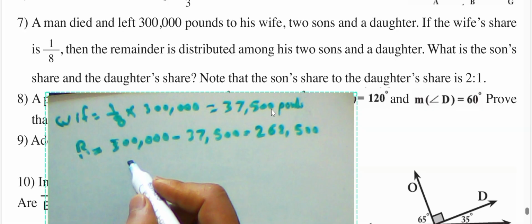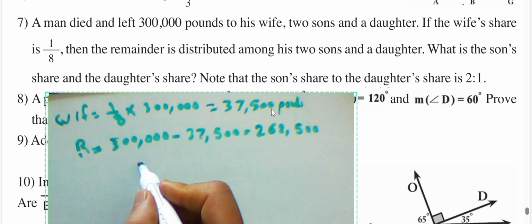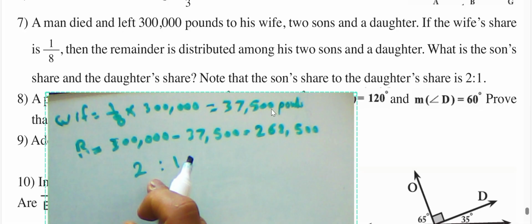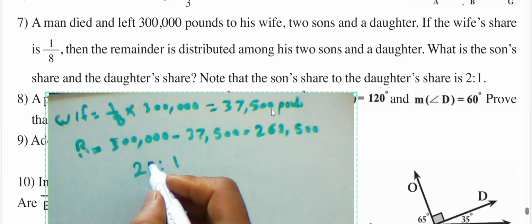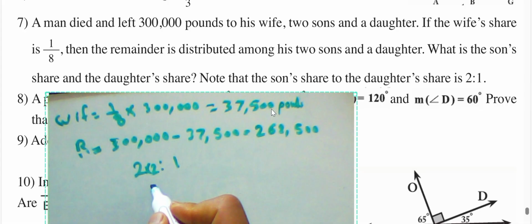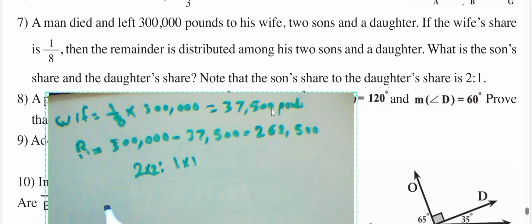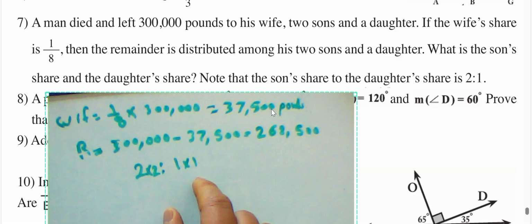We have 2 sons and 1 daughter. Then the ratio is 2 to 1. Each boy will take twice the daughter. Okay, the ratio between son and daughter is 2 to 1.